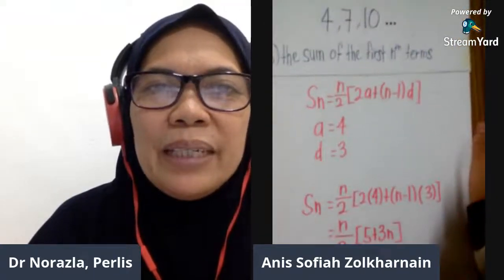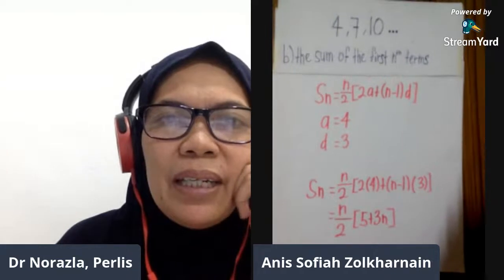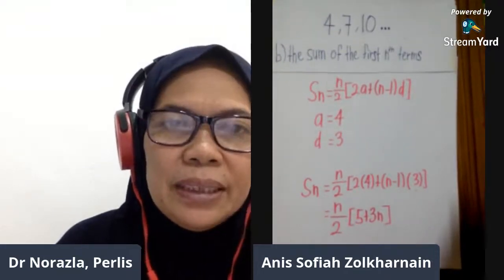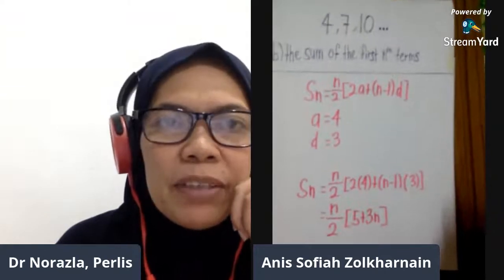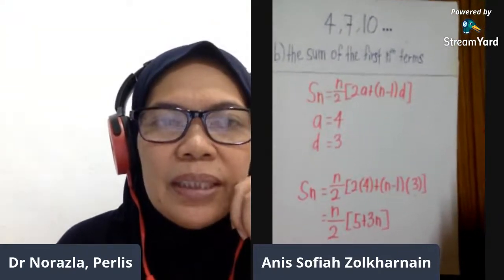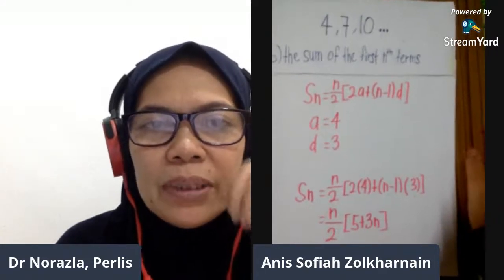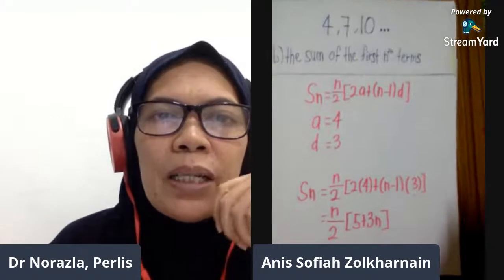For question B, the question asks us to find the sum of the first n terms. So we just need to substitute the value of a, the first term, and d, the common difference. The sum of n terms means you sum up all the terms, the first term plus the second term plus the third term until the nth term. So you will get the answer in this form.